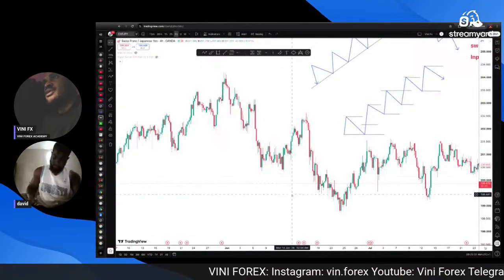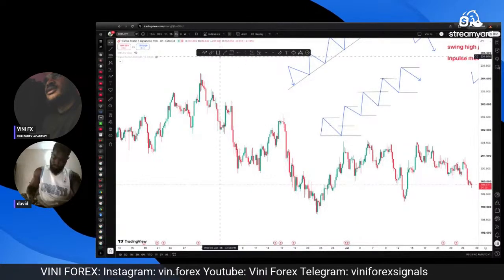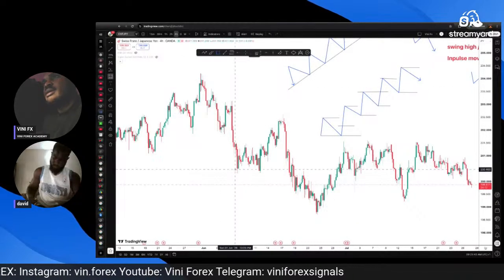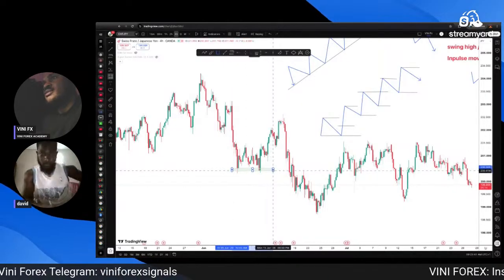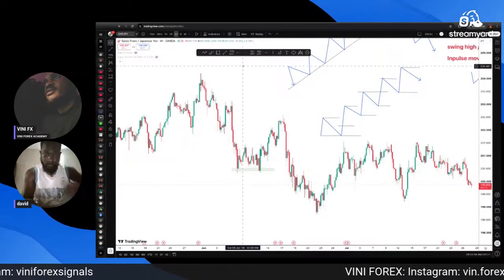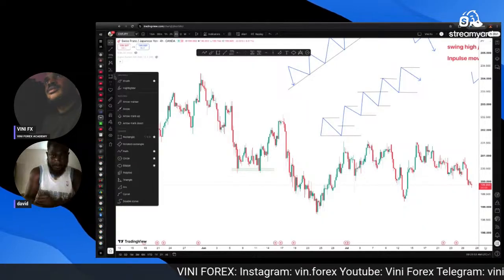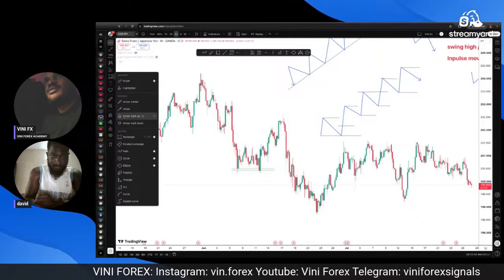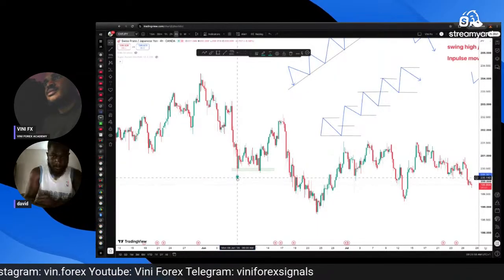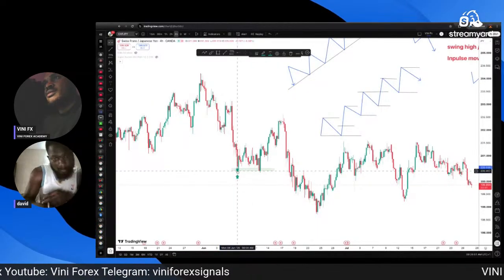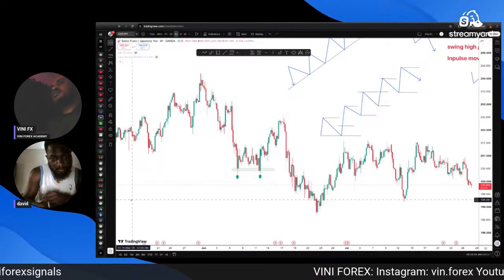So at this point, look at this market here. You should be able to tell me what this is. At this point, what is this thing here? That is the neck. What is this thing right here? This is one, and this is two.